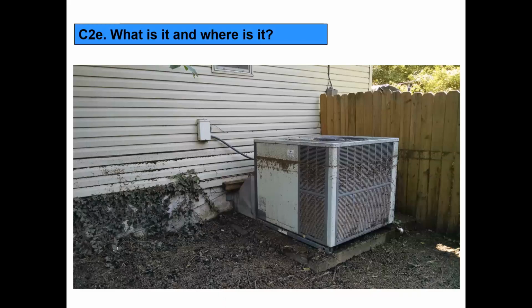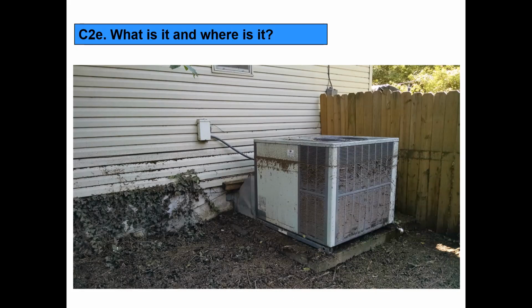And then C2E, what is it and where is it? We've seen a lot of people elevate their houses and then just have a slab on the ground on the outside where they put their utilities, which doesn't really make any sense. We should be protecting our utilities just as much as the rest of our investment. On this particular one, you can see the debris line where it was inundated, almost all the way up to the top.